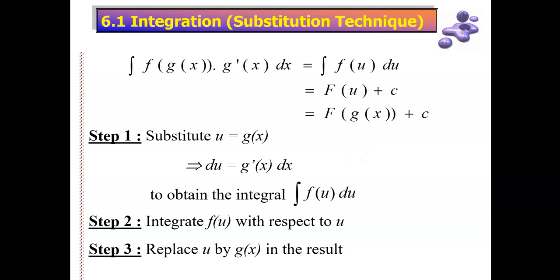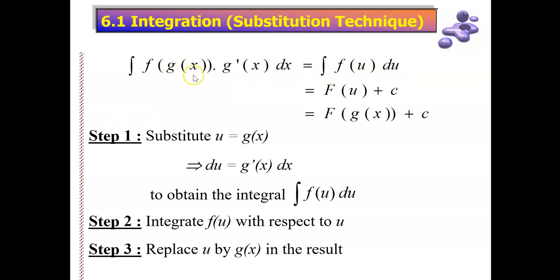So for the first one, integration by the substitution technique. So what is the substitution technique? Let's see. We are given the integration of f(g(x)) times g prime x dx, which is also equal to the integration of f(u) du.